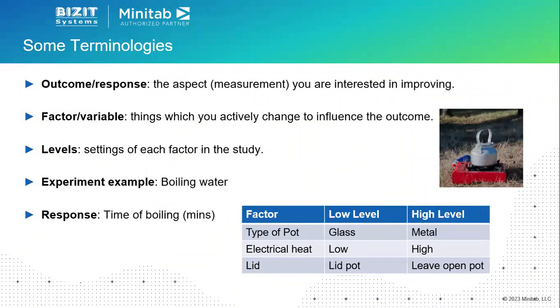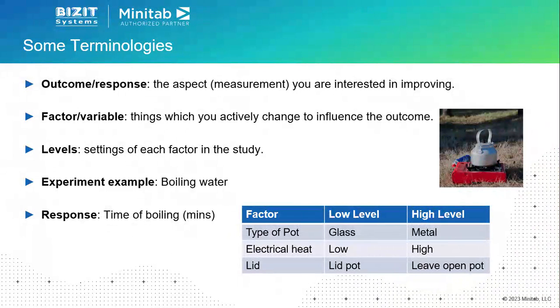Before we go further, this is just a highlight. I think all of us did experiments in secondary school. We have the outcome or response, which is something you measure, whether it is continuous or attribute.